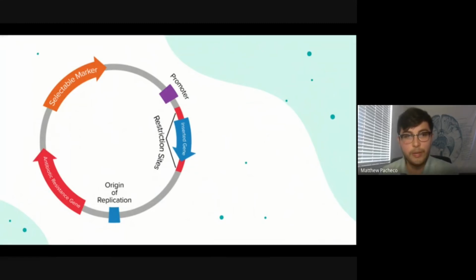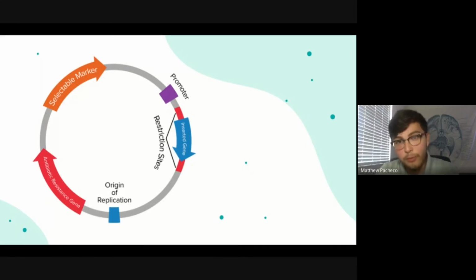And we can use this to our advantage because we know it's a fixed size, right? So it has to be a specific size. And we can take things out and put things in to replace them in order to express these proteins that I just talked about.